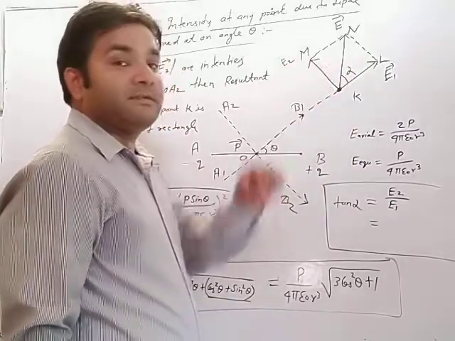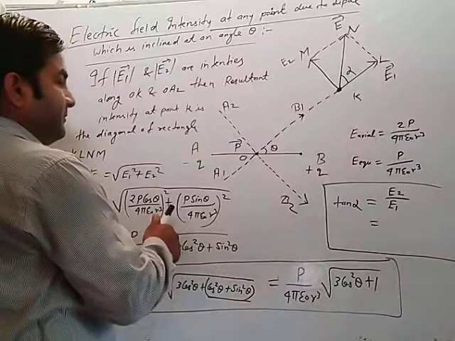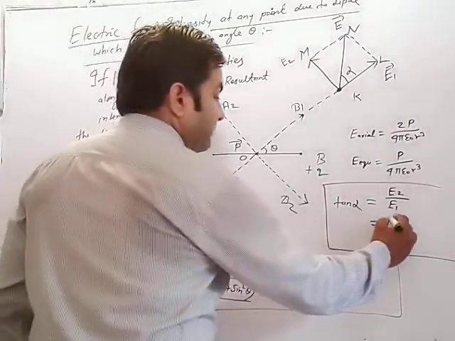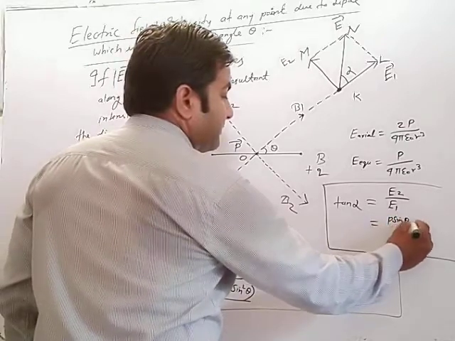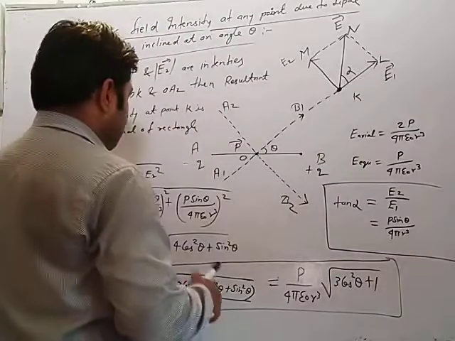So E2 is P sin theta upon 4 pi r cube, divided by 2P cos theta upon 4 pi r cube.